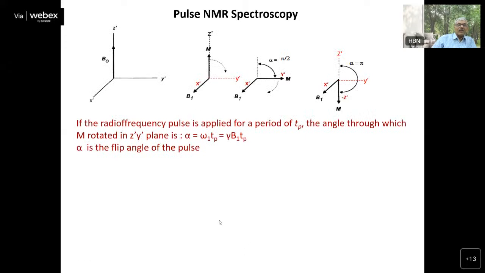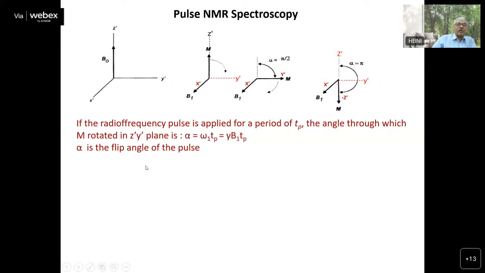Now let us say the radio frequency pulse is applied for a period of Tp. So we are giving the B1 field for a particular time, Tp, and the angle through which M will rotate, alpha, depends on omega 1, the precessional frequency, and this time. So alpha is omega 1 times Tp, and omega 1 is nothing but gamma times B1.